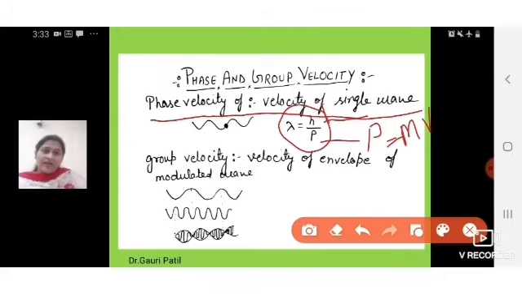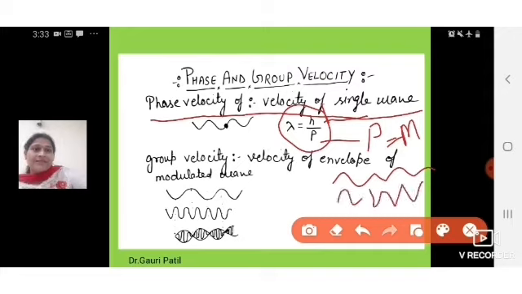Now what have we discussed about the group velocity? It is the velocity of an envelope of a modulated wave. Suppose there is one wave which is traveling, and there is another wave having a different frequency than the first wave.